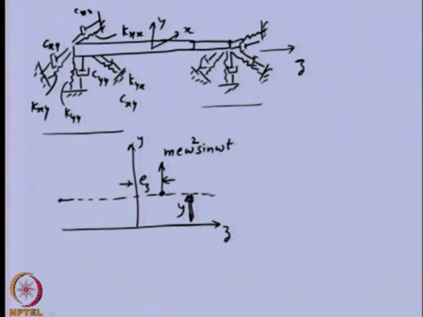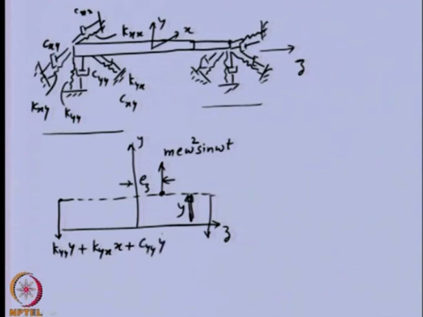Now at the ends bearings are there, and they will give forces. This time the forces will not be only from the spring, which was the term we used in the previous analysis, but because of the cross coupled term we will have some more terms, like due to the displacement in the x direction, because cross coupling is now there between the two linear displacement directions.